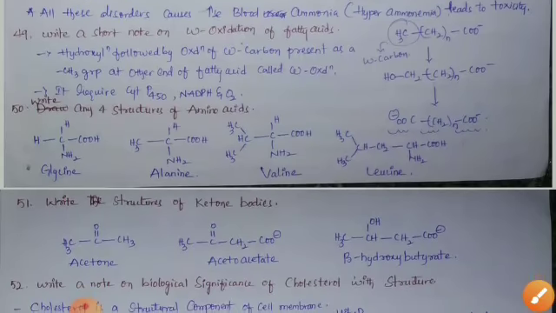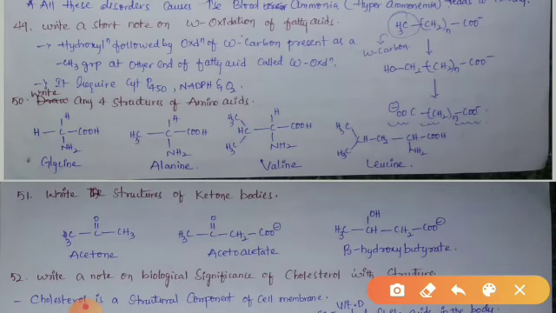Write any 4 structures of amino acids. We have 20 amino acids for biosynthesis of proteins. Among them, essential amino acids have to be supplied through the diet. Non-essential amino acids can be synthesized by the body.